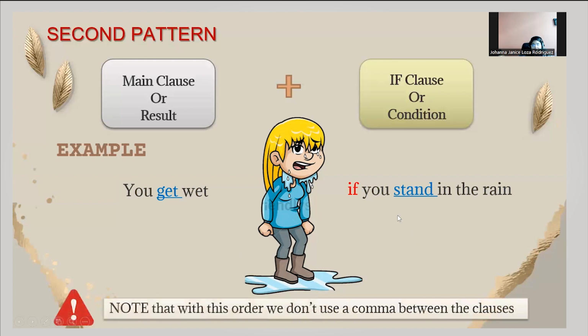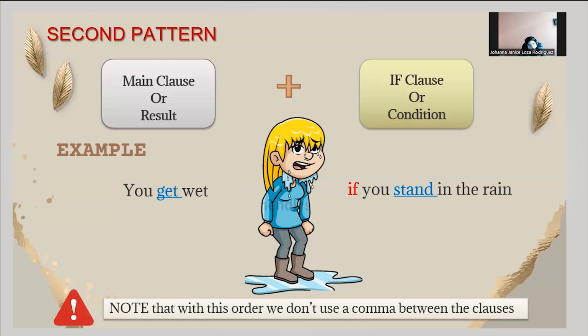Be careful, note that with this order, first the main clause and then the if clause, we don't use a comma between the clauses. This is the only difference. If you start first with the if clause and then the main clause, you need to put a comma between them.